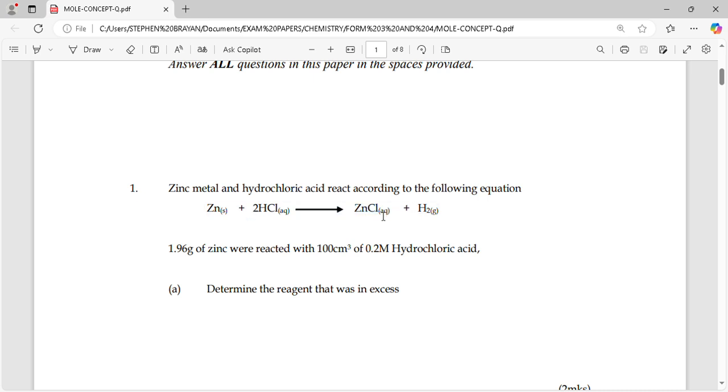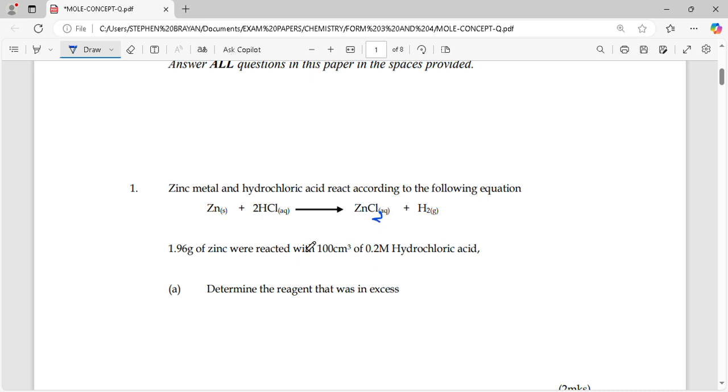This is what I mean. We need to have a 2 down here. Somewhere here, this was missing. You're supposed to have 2 there.